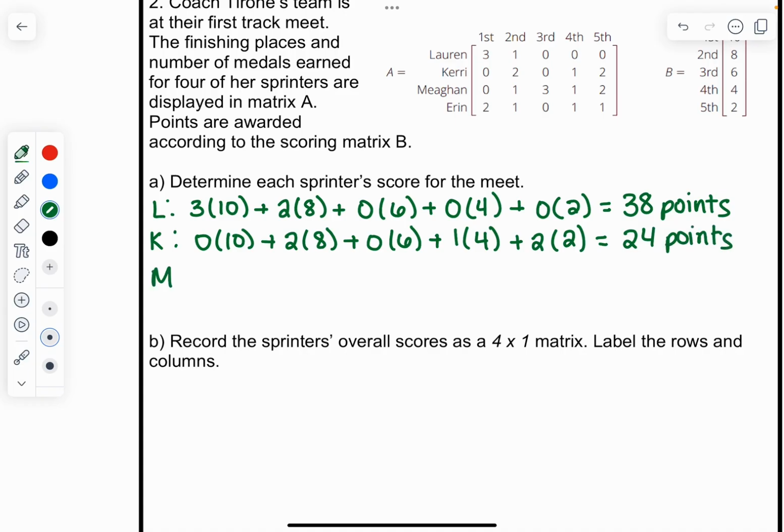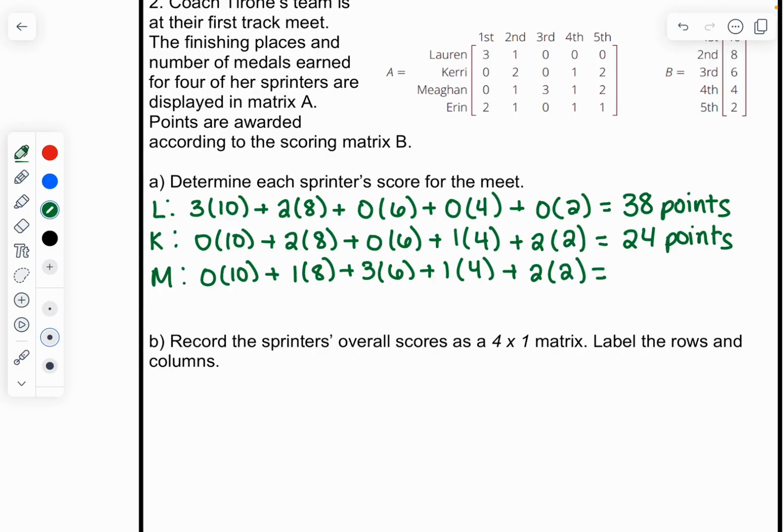For Megan, she has 0 first place wins, 1 second place win, 3 third place wins, 1 4th place, and 2 5th place wins. So when we multiply that and add them all together, she would get 34 points.